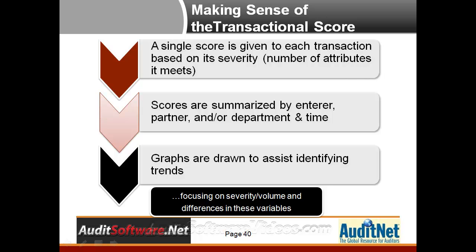We can then also graph that, because graphing definitely helps out, and that will be something that we will talk about now. And the goal of all of this is looking more at the severity and volume of that in these particular graphs and summaries.